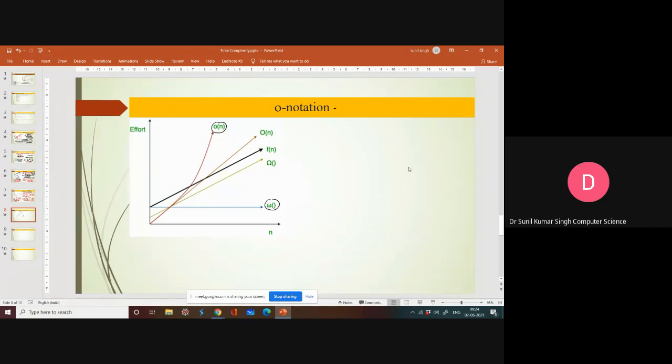Okay, so if we are going to define these notations, let's start with small o notation.